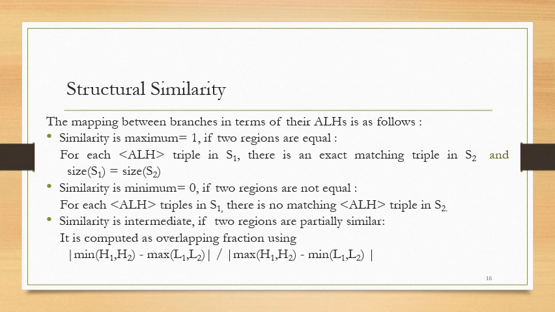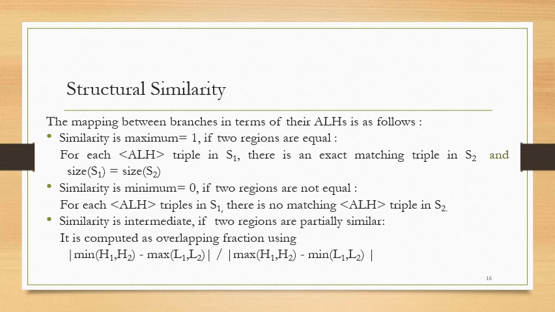When we say similarity is 0, it would be 0 only if the two regions that we have tried to compare are not equal. If they are exactly the same, the value would be 1. And if they are somewhere in between, that means they're not exactly the same, neither are they very different, so in that case it is going to have an intermediate value.